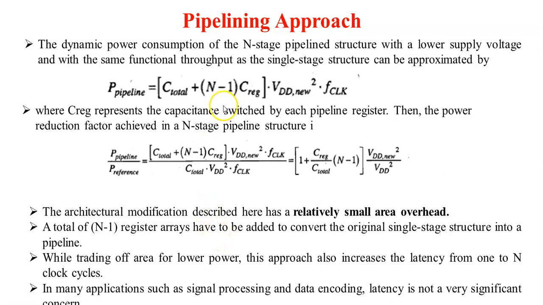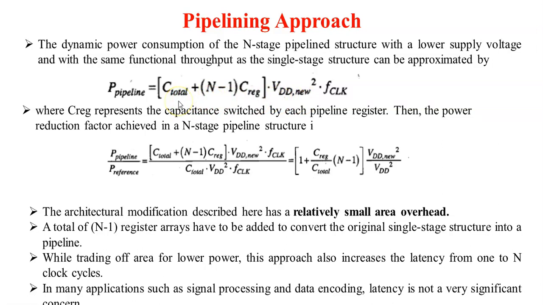So for n stages, again we have to calculate the power dissipation. The dynamic power consumption for the n-stage pipeline structure with low supply voltage: we are using a larger number of logic circuits. We consider the supply voltage as VDD new.